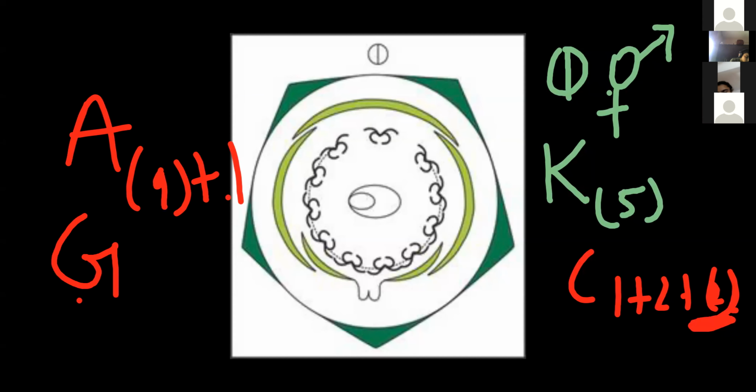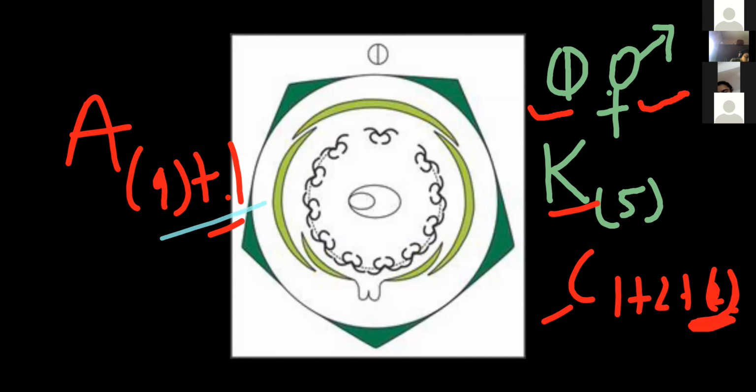Gynoecium is monocarpellary, see. So write 1. And superior ovary means hypogynous, means in this format you will have to represent this gynoecium. This is the entire floral formula. Starts with the symmetry, then sexuality, then four whorls. Right.